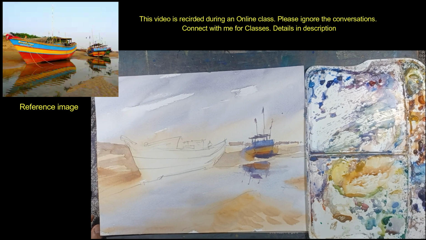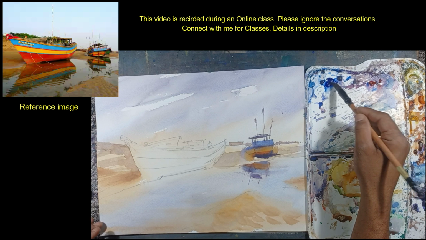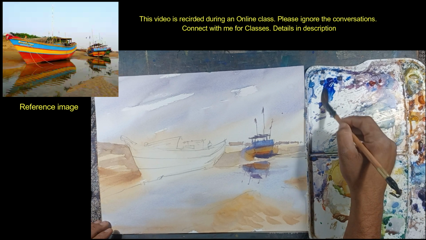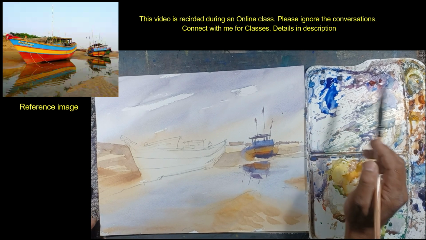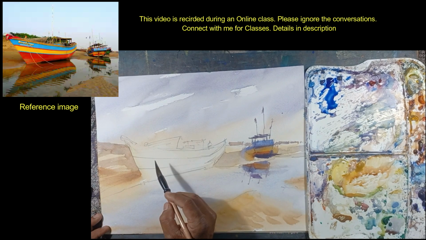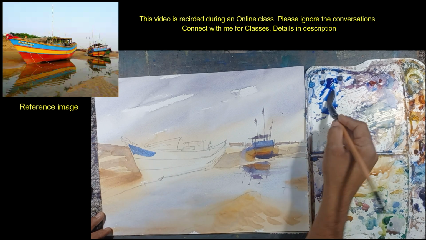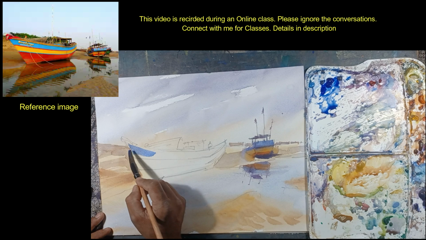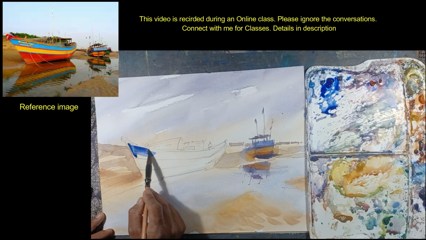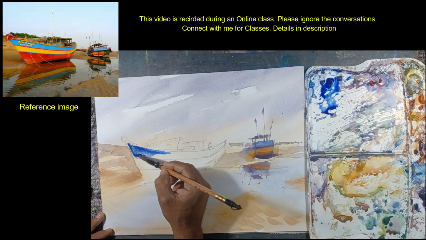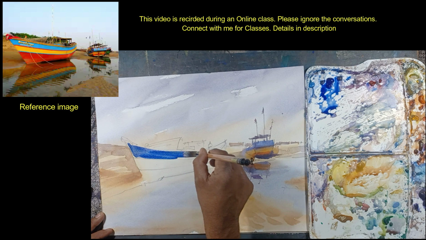So now we will work on the boat. We will just, as we did in this boat, use simply ultramarine blue, a little concentrated would do. We have to just worry about the tonal difference, not about the colors we are using.